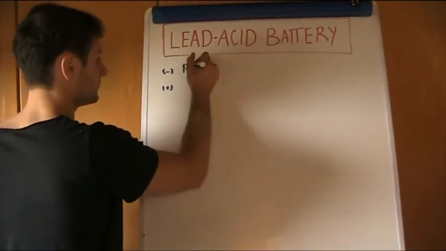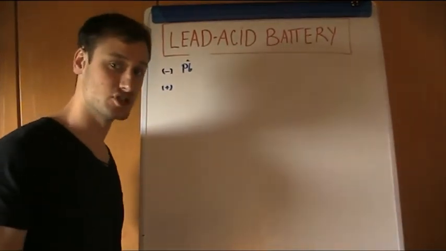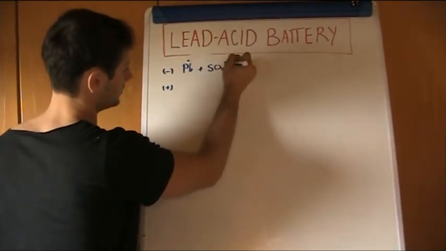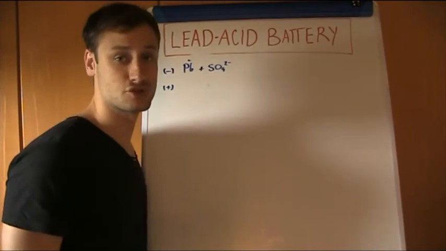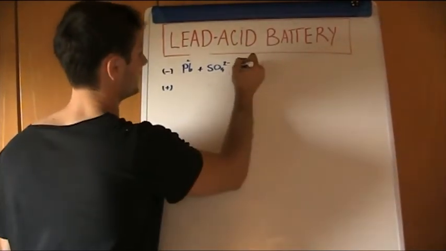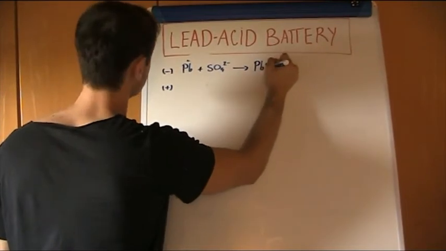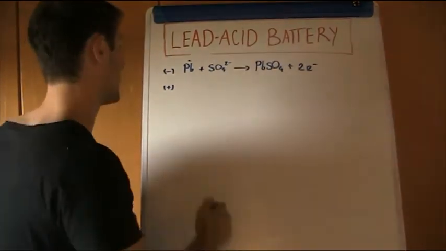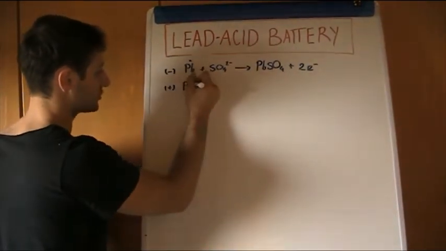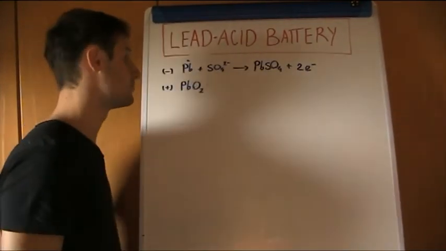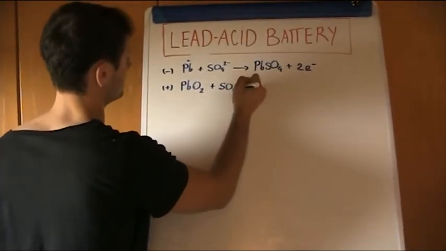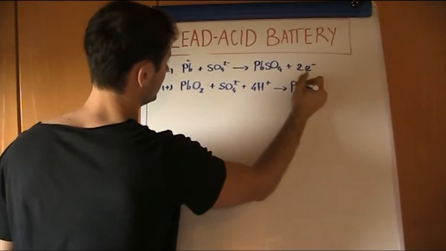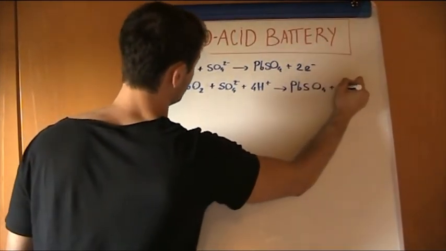Lead present at the negative pole as sponge metallic lead, with 0 as oxidation state, plus the anion released through dissociation of the sulfuric acid, leads to the formation of this poorly soluble salt and the release of 2 electrons. Then we have the reduction: the reaction between the lead peroxide plus the same species plus 4 times H+, leading to the formation of the same product and 2 times water.